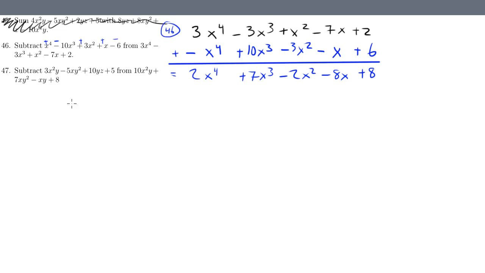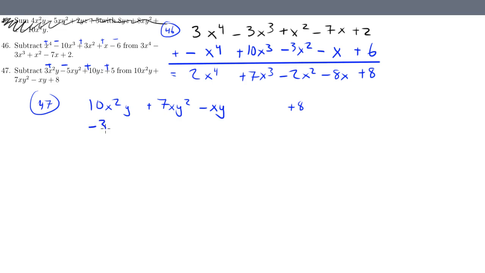Number 47, we're going to do a similar thing. We're going to set up 10x squared y plus 7xy squared minus xy. I'll write that plus 8 all the way over there. Then we show positive, negative, positive, positive. Okay. 3x squared y.